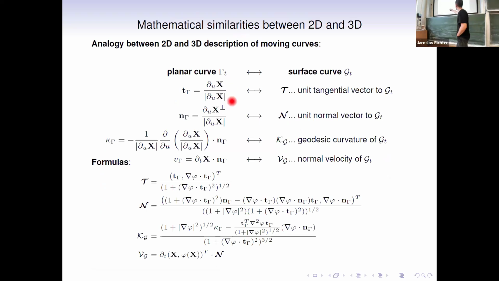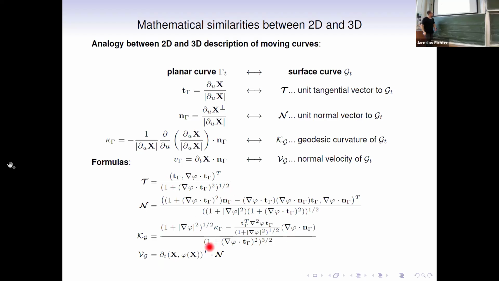So in the planar case, unit tangent and unit normal. In the surface case, unit tangent, unit normal. Quite difficult. In the planar case, we've got a curvature given by Frenet formulas. And in the surface case, we've got the geodesic curvature like this one.